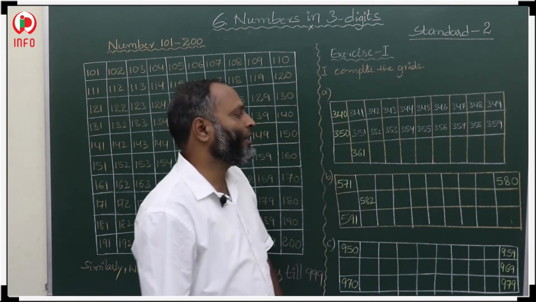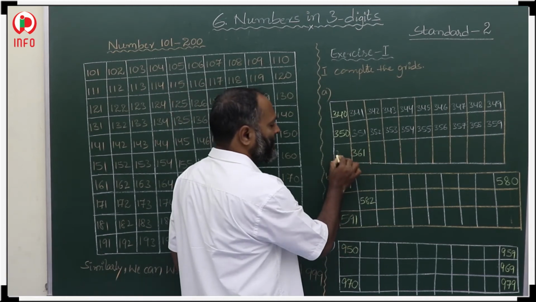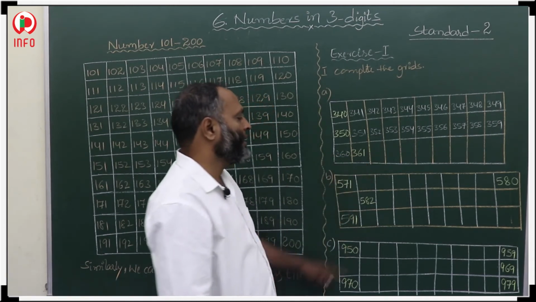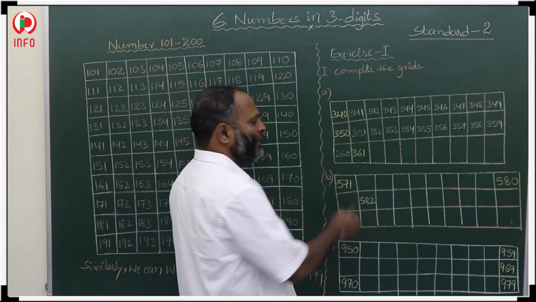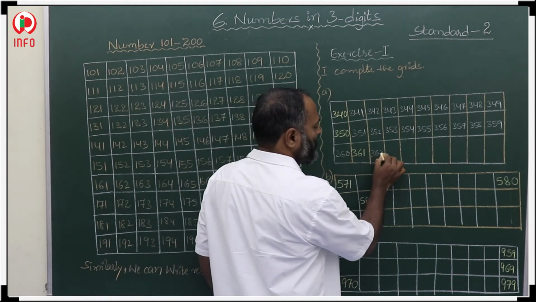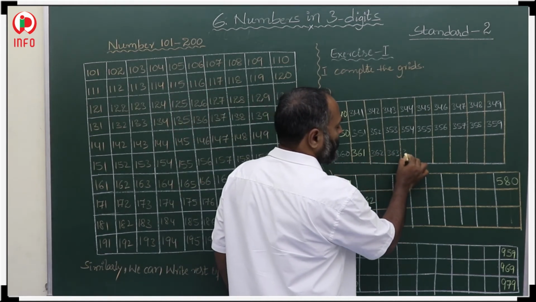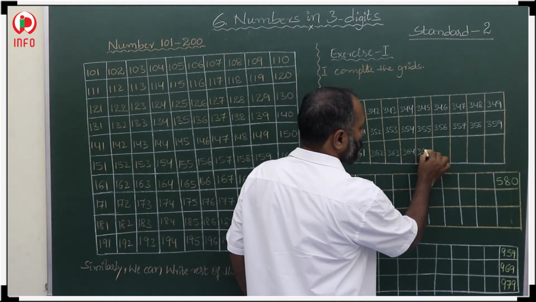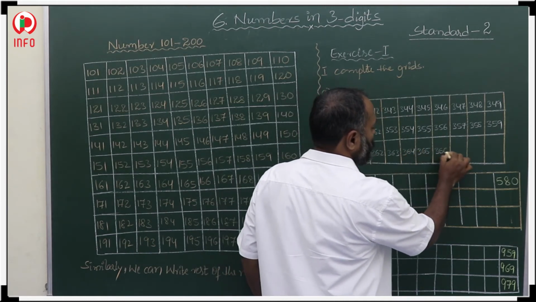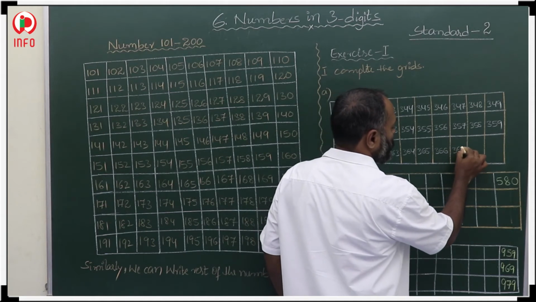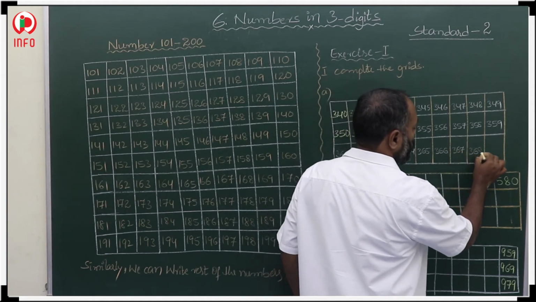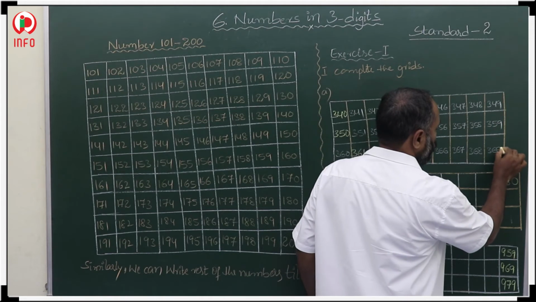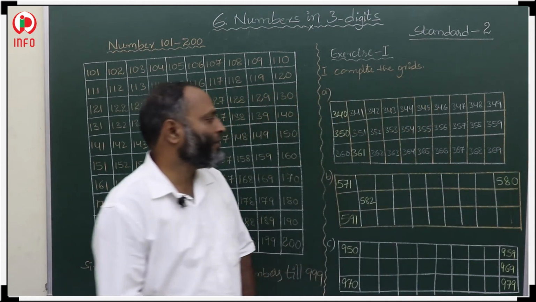After 59 what will come? 360. Now 361, 362, 363, 364, 365, 366, 367, 368, 369. So in this way we have to fill the numbers.